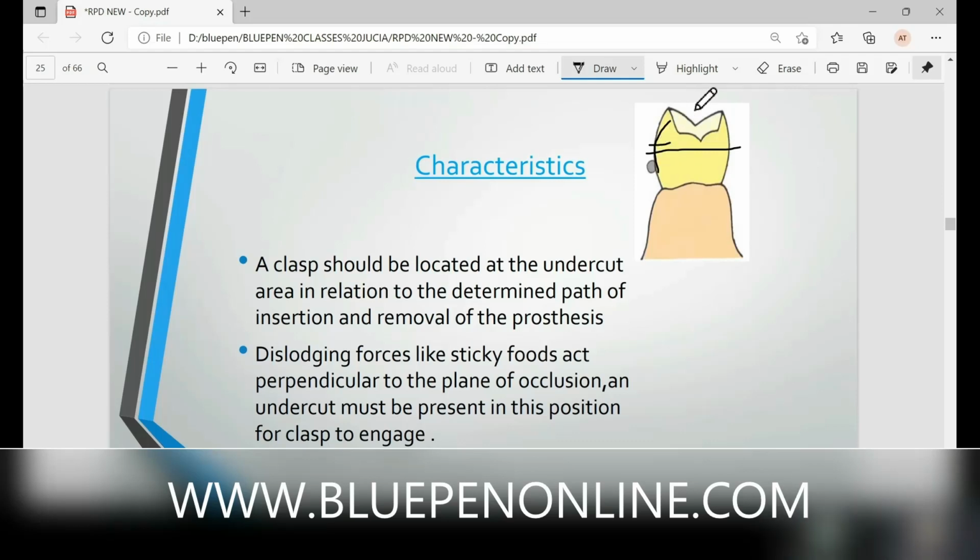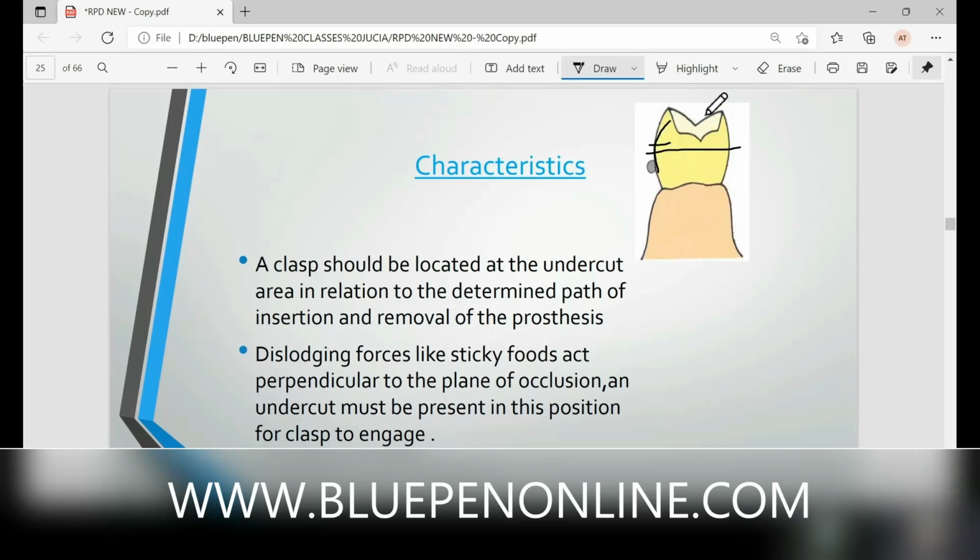Then only it can come out, right? Because there is a bulge, it has to overpass it. You have placed a clasp in the undercut area. Now, when you try to dislodge it with this kind of sticky food or any small dislodging forces like that, the clasp has to go like this.